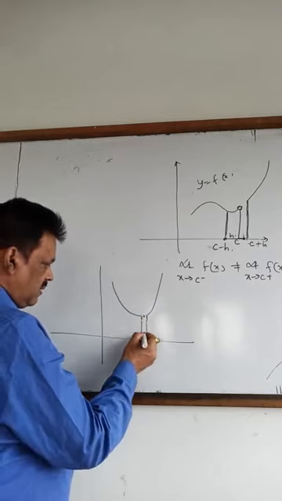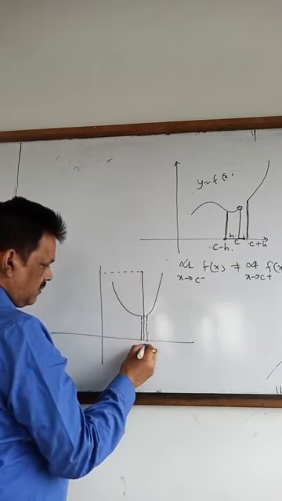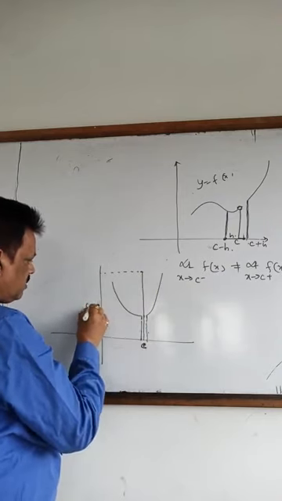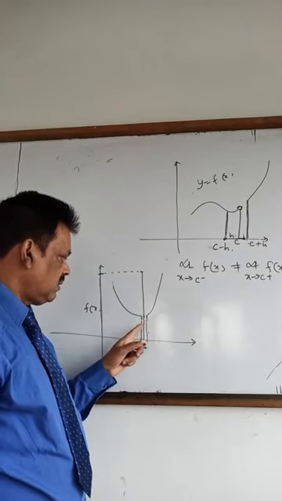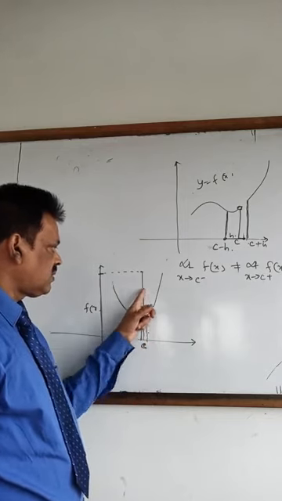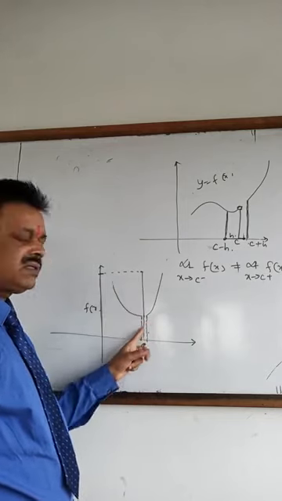But if I take a line and I consider this is point C, this is your f(c). Which part? This part is f(c). If suppose this is your f(c) part, then you see your left hand limit equals right hand limit, but the limiting value and the functional value are not the same. So still we call this a discontinuous function.